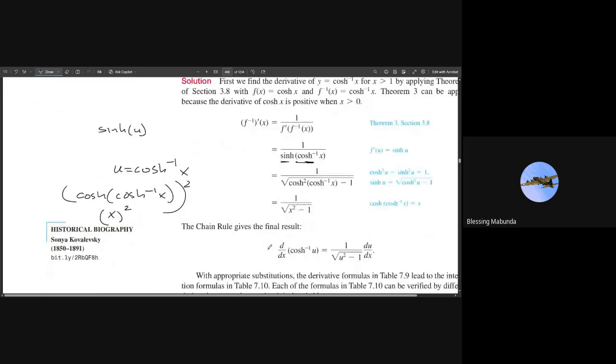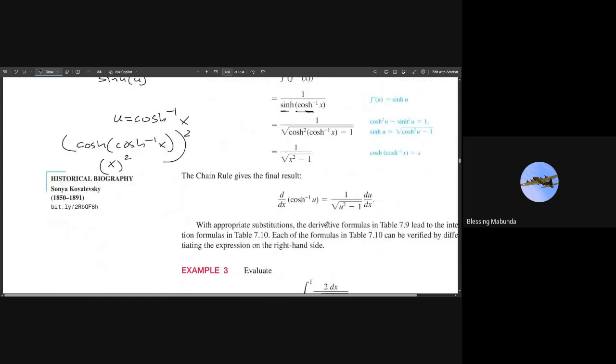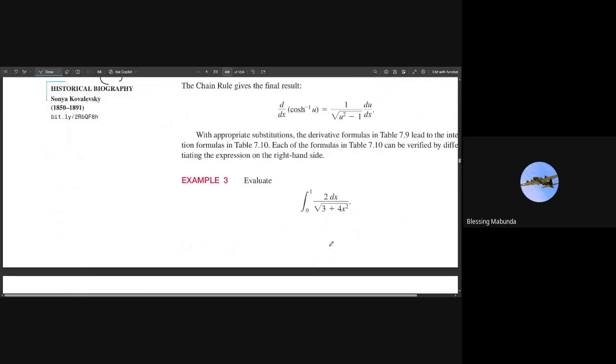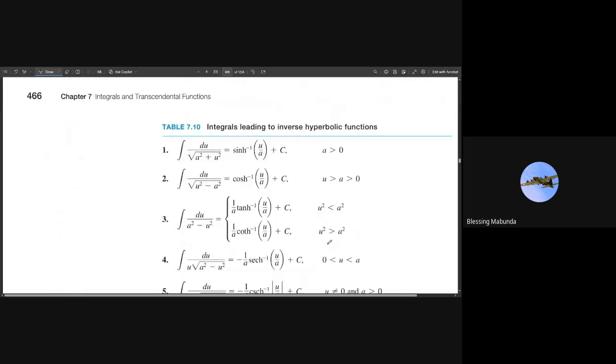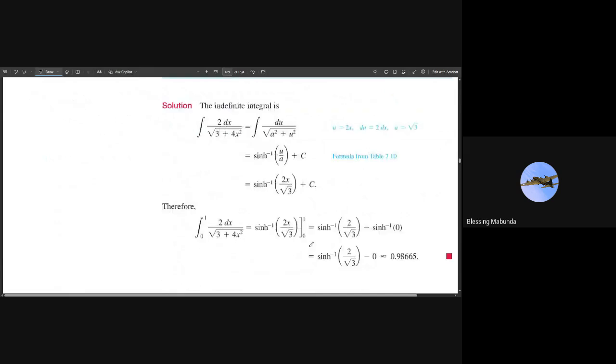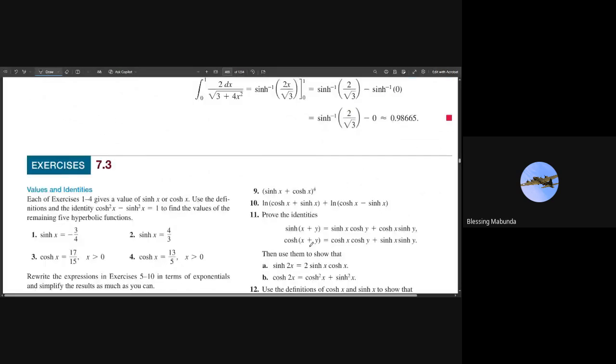Okay, excellent. And then finally, that's what we have there. And when it comes to the integrals, you do not have to be concerned about these for now. We'll come back to them later on.